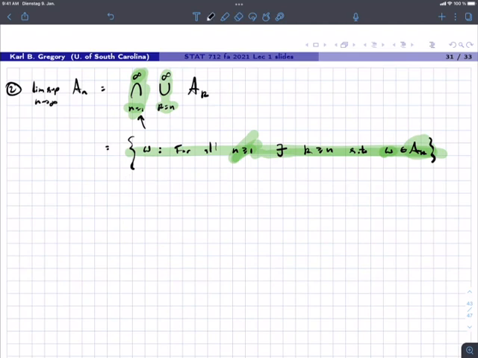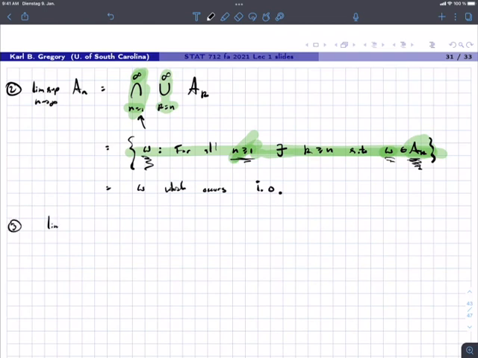So basically, omega is in an infinite number of these A_k's, because for every n, I can find a set A_k beyond n which contains omega. So we say this is omega which occurs IO, which means infinitely often.